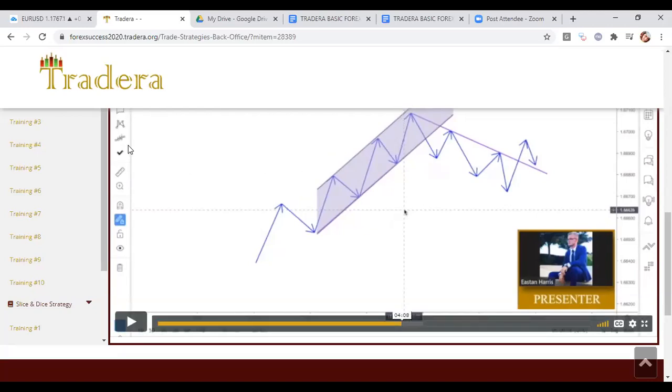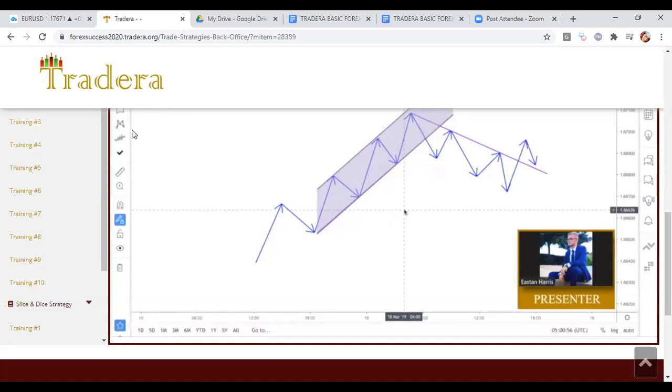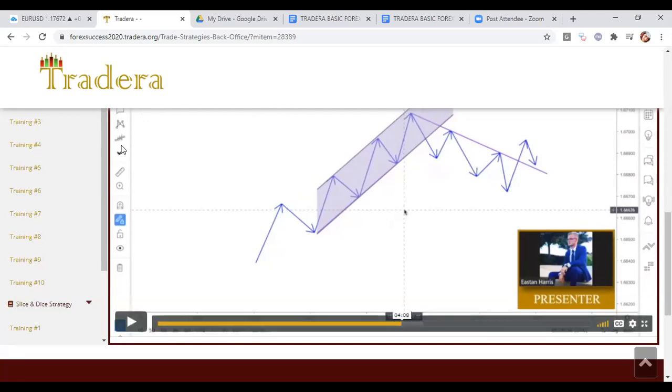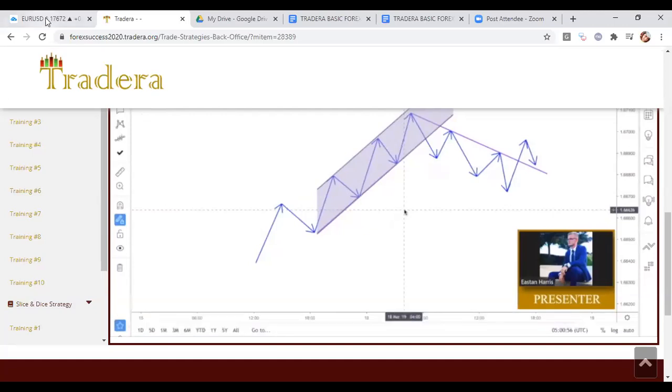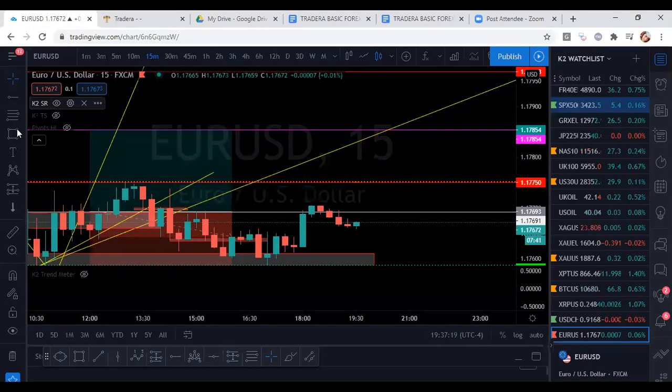And you're going to find that tool over in your TradingView on the side over here in the tools. What's the name of it again? It is the channel. Hold on one second. Let me just look it up.